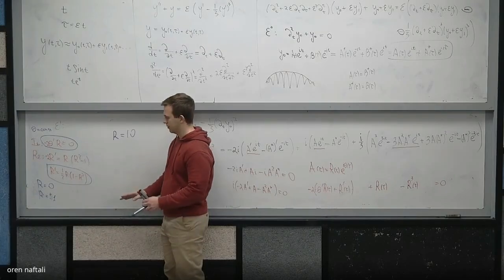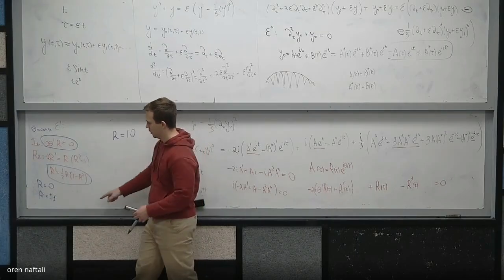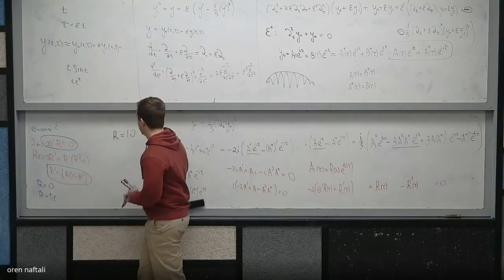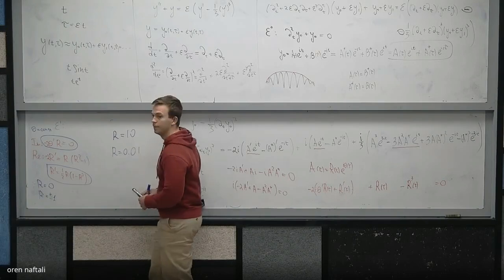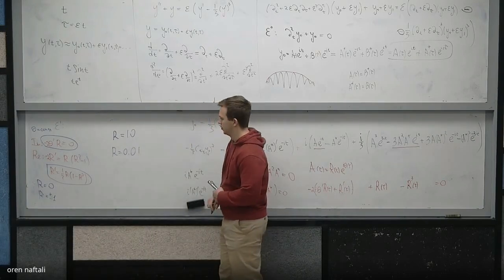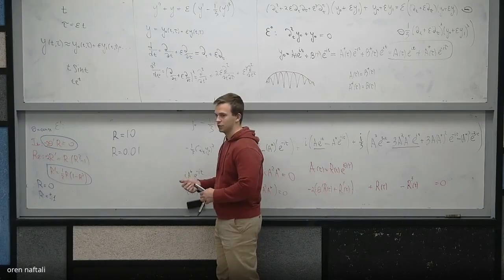And it will always be plus 1. So if r is 0.01, we have an inverse picture.